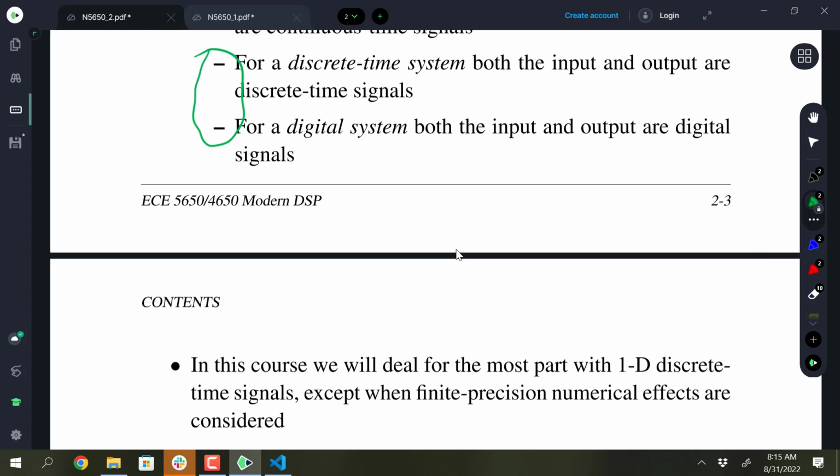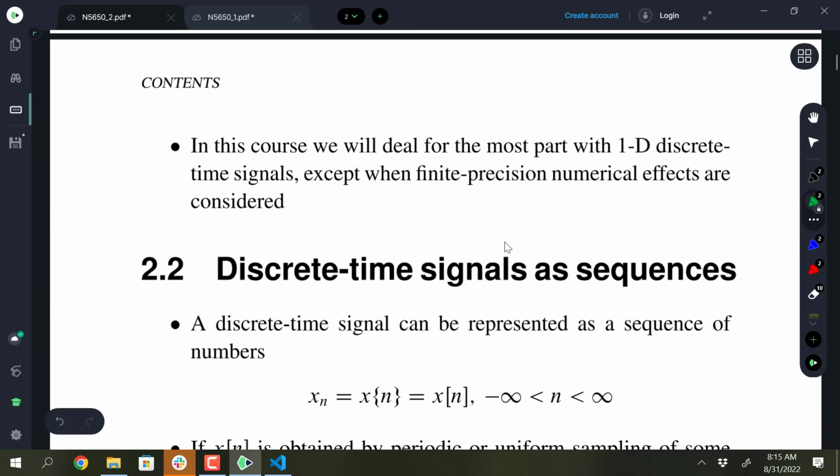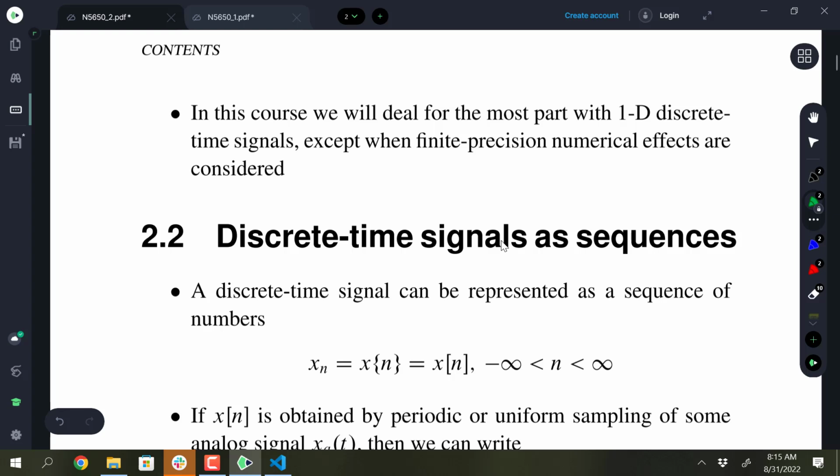That is what the delta sigma revolution, I'll call it, of A to D converters brought on the scene quite a few years ago. So again, 1D discrete time is our mainstay, and then occasionally we'll be doing some finite precision numerical effects.